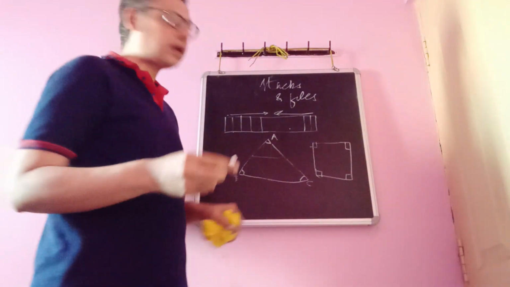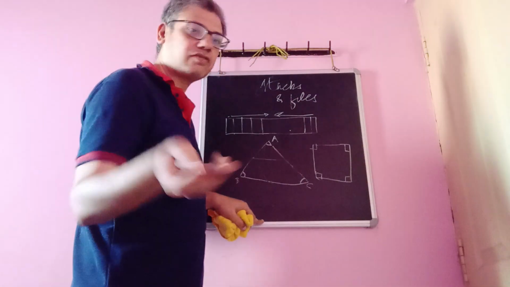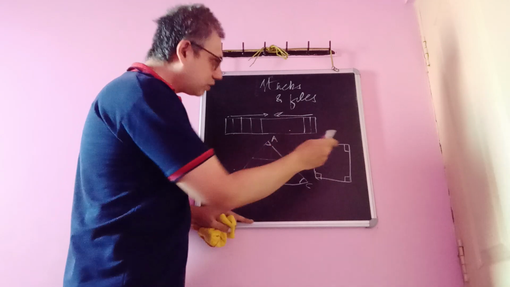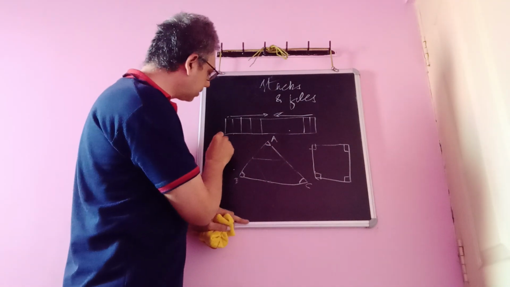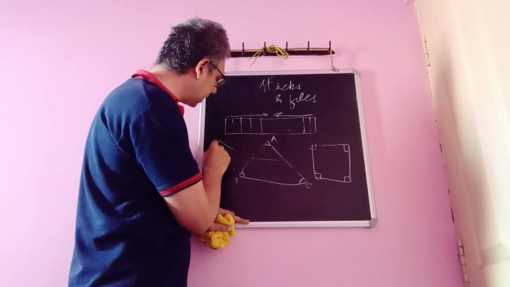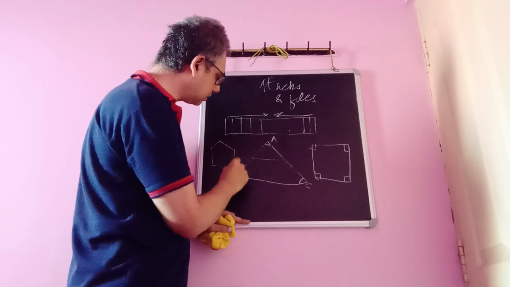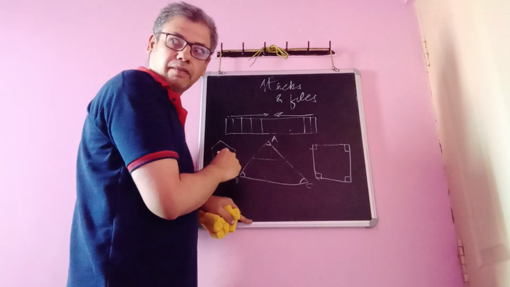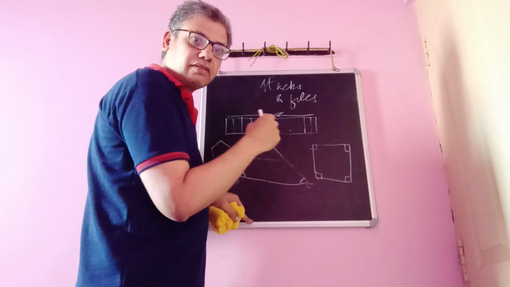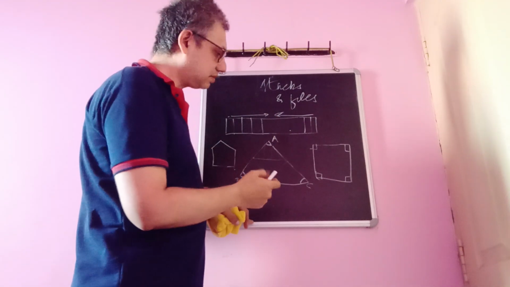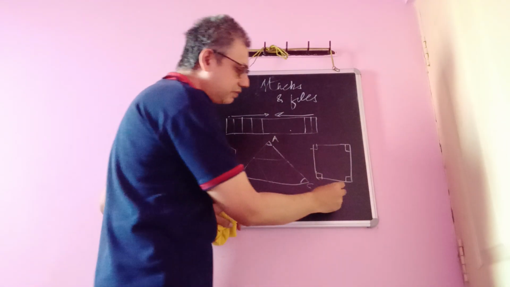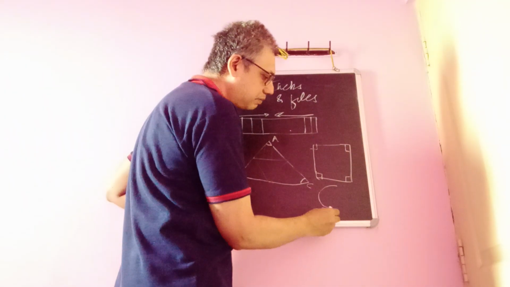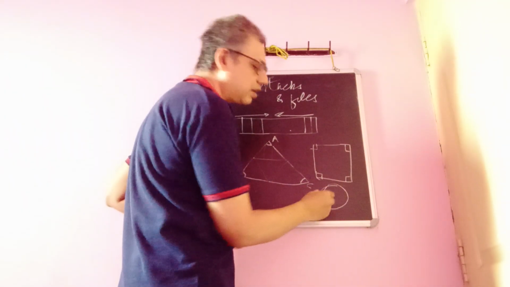So as the number of stacks or files increases, for 5 files or 5 stacks, you have to imagine the memory as being organized in the form of a pentagon. As the number of stacks or files increases, this figure will come closer and closer to that of a circle.